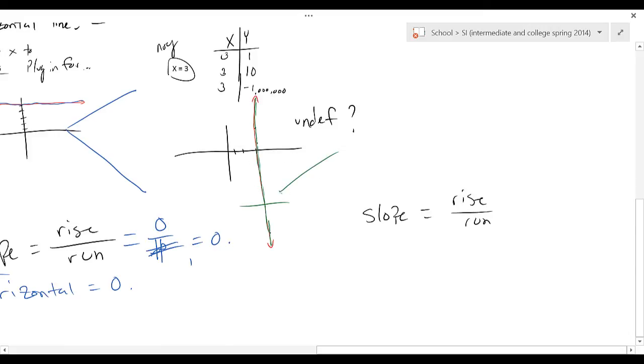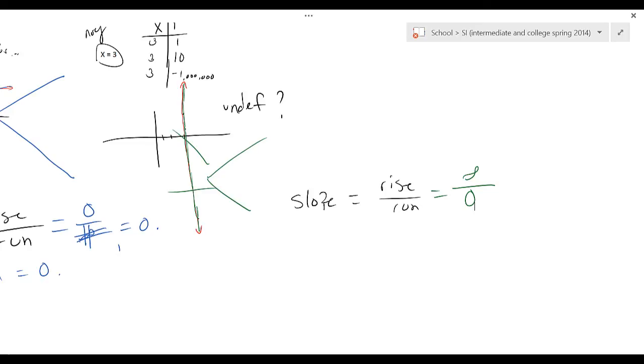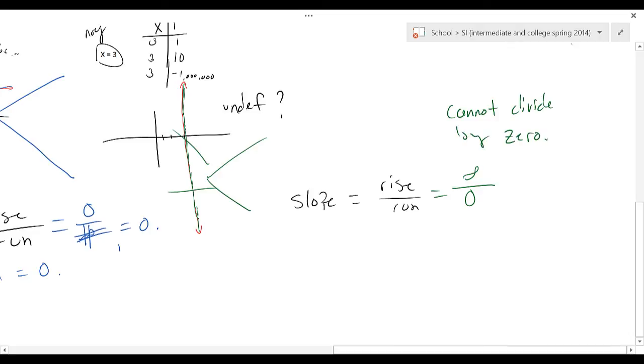So the rise is infinity, but the run is 0. If you remember from previous math classes, you cannot divide by 0, and when you do have that, it makes it undefined. So that's why the slope of a vertical line is undefined and the slope of a horizontal line is 0.